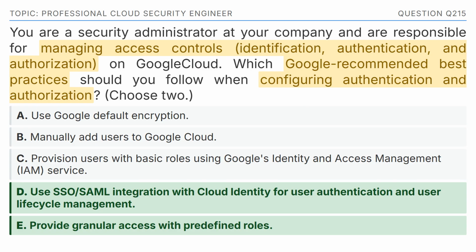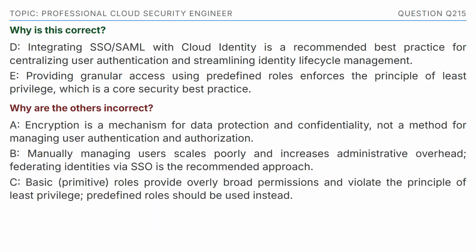And option E, provide granular access with predefined roles. Why is this correct? D. Integrating SSO/SAML with Cloud Identity is a recommended best practice for centralizing user authentication and streamlining identity lifecycle management. E. Providing granular access using predefined roles enforces the principle of least privilege, which is a core security best practice.